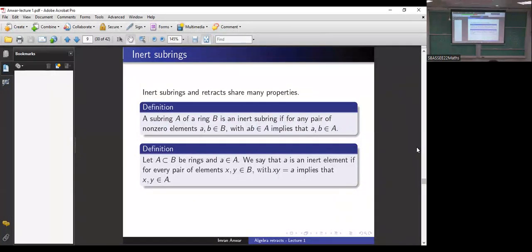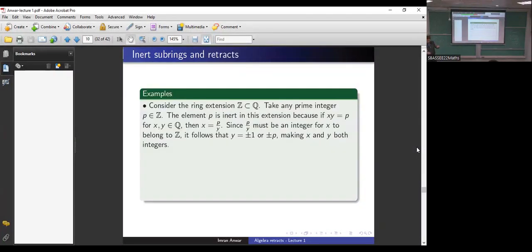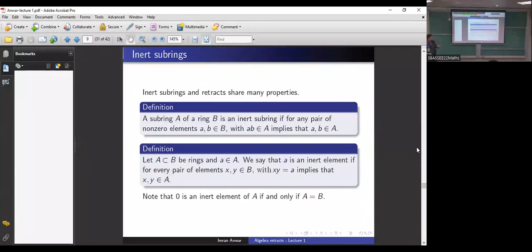I hope the definitions of inert subring and inert element are clear. One thing I already explained is that zero is an inert element of A if and only if A is equal to B. So every ring is an inert subring of itself. This is a trivial example. Let's see more examples.